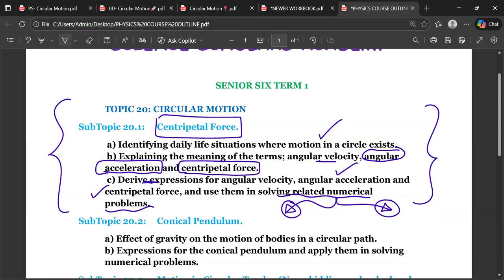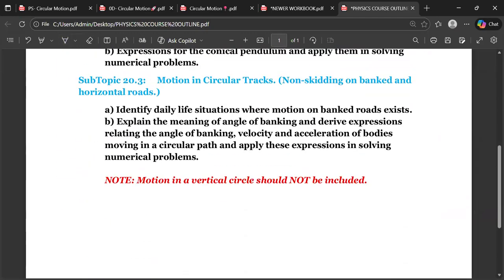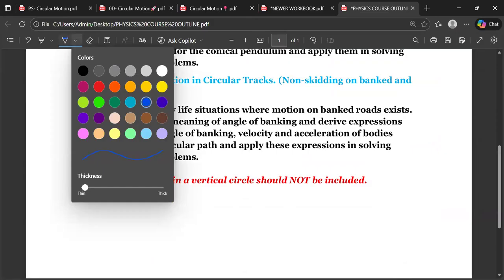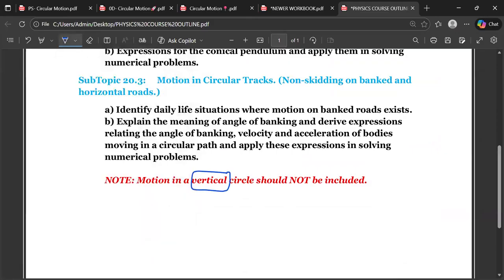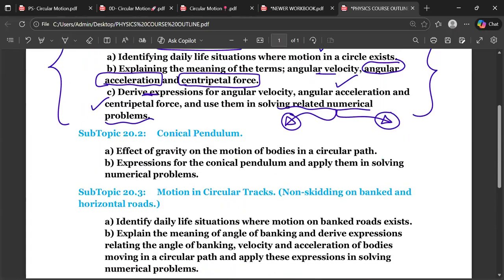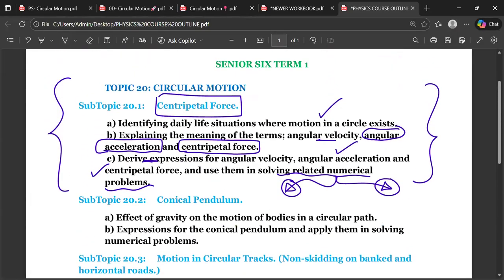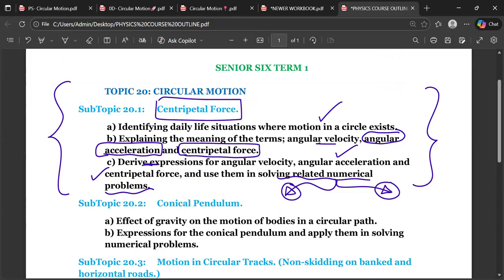Hope you are all aware that the vertical circle is not part of the syllabus, so we are not including it anywhere. If you learned it, it was just good to know, but it wasn't a must. That's the plan for today: angular acceleration, the centripetal force, derivations, and calculations with numerical problems that have different cases.